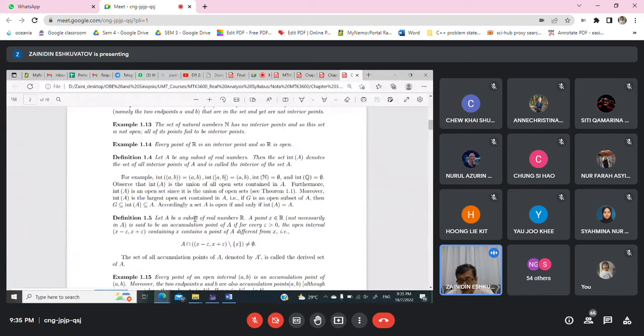So it means the interval contains at least one point of A different from X. Okay, so it is a very nice definition, and the formula is important.